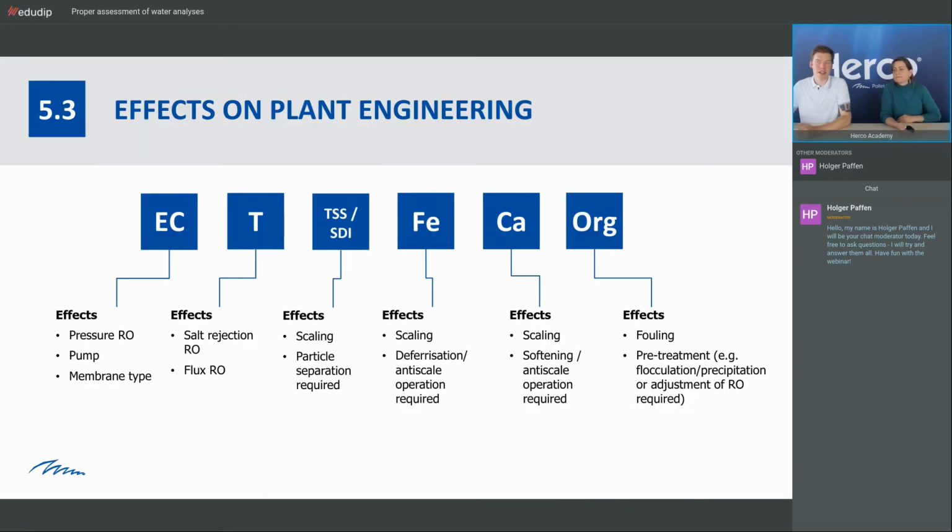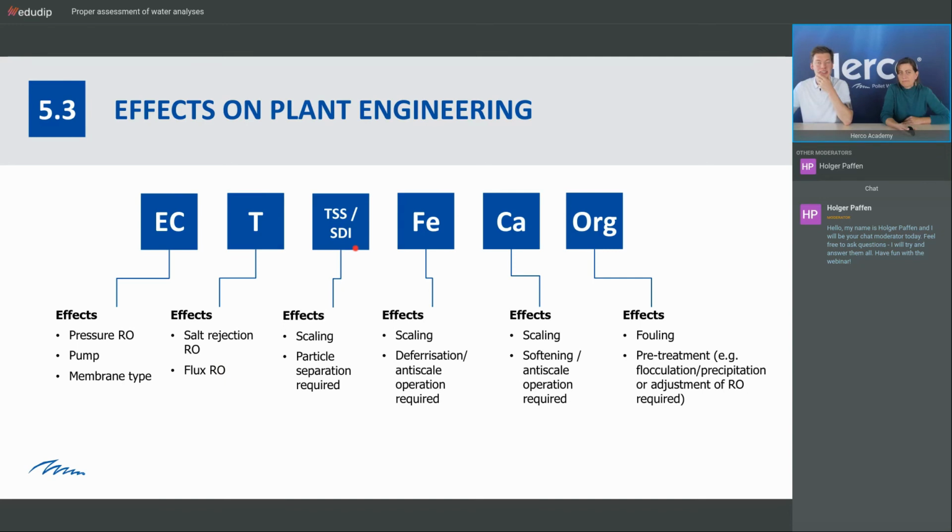Effects on the engineering of the plant. The electrical conductivity takes effect on the pressure of the RO. If we have more ions inside, we need more pressure to press them through. We need a bigger pump. We need a different membrane type, maybe. For the temperature, we have already talked about this. This also has an effect on the pressure of the RO, also on the pump size and everything, and also on the flux of the RO.